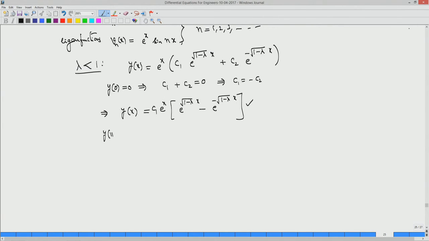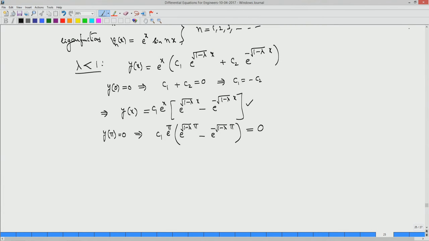Now you apply the other boundary condition, y of pi is 0. You get c1 e power pi times e power square root of 1 minus lambda pi minus e power minus square root of 1 minus lambda pi. This quantity has to be 0, and you see that this is e power something. If you fix lambda less than 1, this is some finite number.